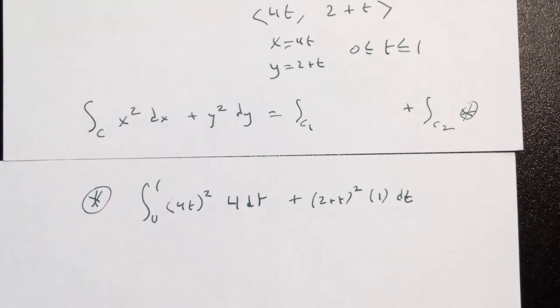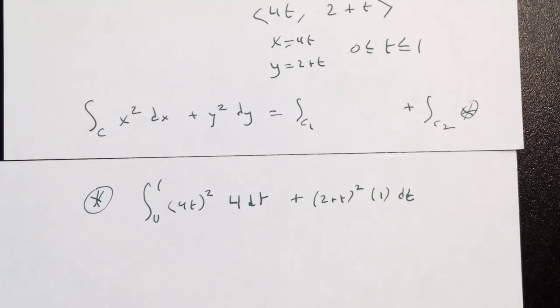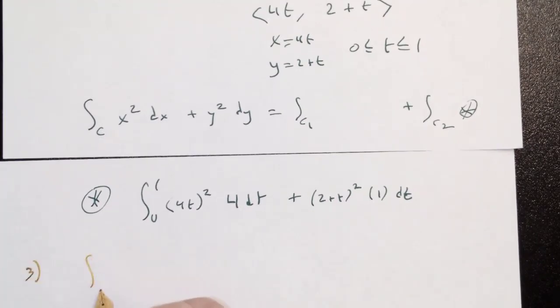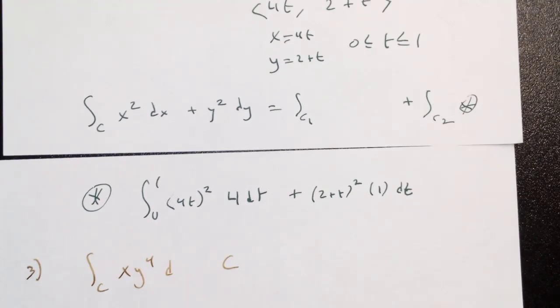Integral of xy to the fourth, and we're doing the right half of the circle. Okay. That dx, dy, that is, wait.